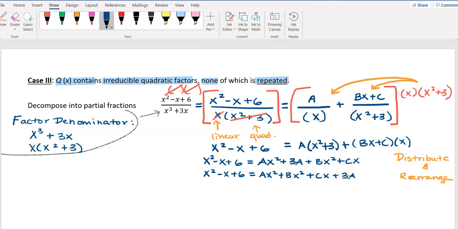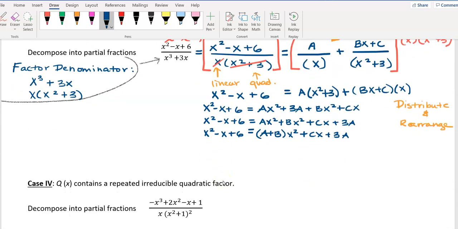Remember, when you have two of the same term type, in this case two x squared terms, I can factor out an x squared for those two and write their coefficients together. So a plus b, and then the x squared plus cx plus 3a. And again, that's equal to our left-hand side.